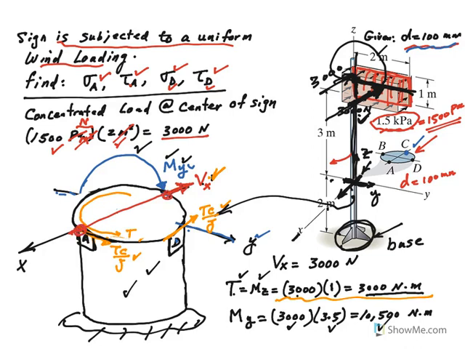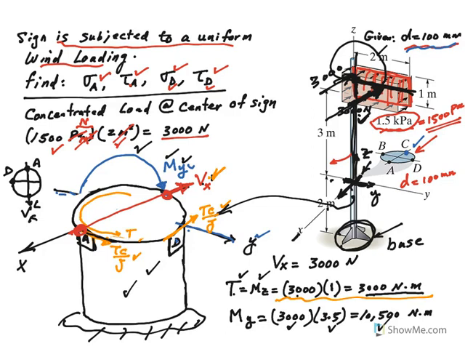Maybe an easier way would be to show this like a circle, the top view. This is your V sub x, and point A would be here, this is point C, and D would be over here, for example.